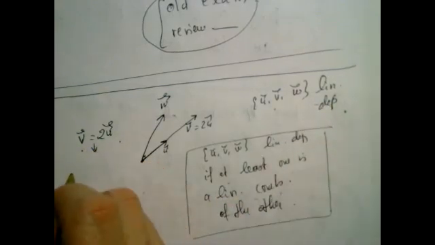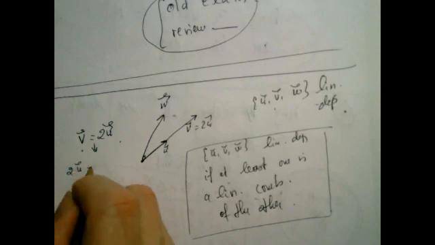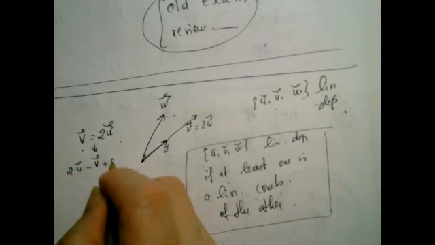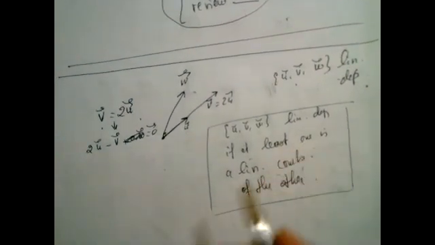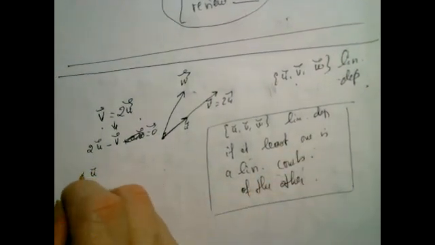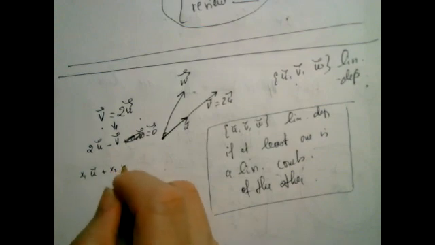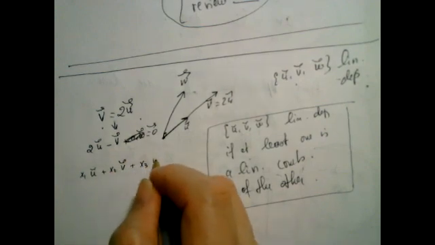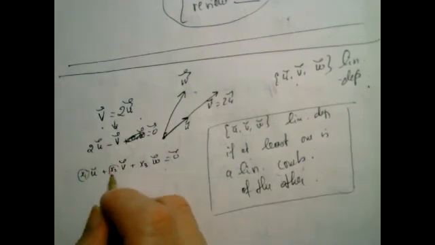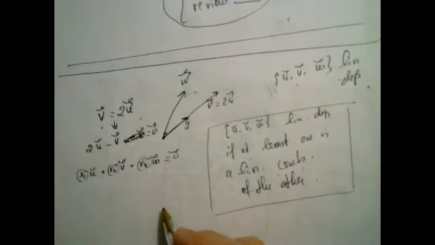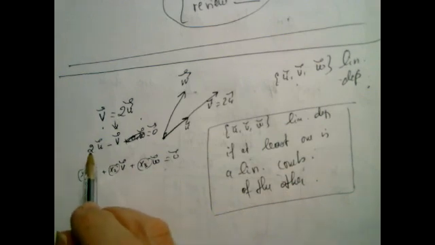Because if this is the case, I can rewrite this like that. Does this make sense? So if I look at this equation now, x1u plus x2v plus x3w equal to 0, can you give me a non-zero solution? Means can you give me numbers that I can plug in here, not all zeros, such that this is equal to 0, based on this piece?